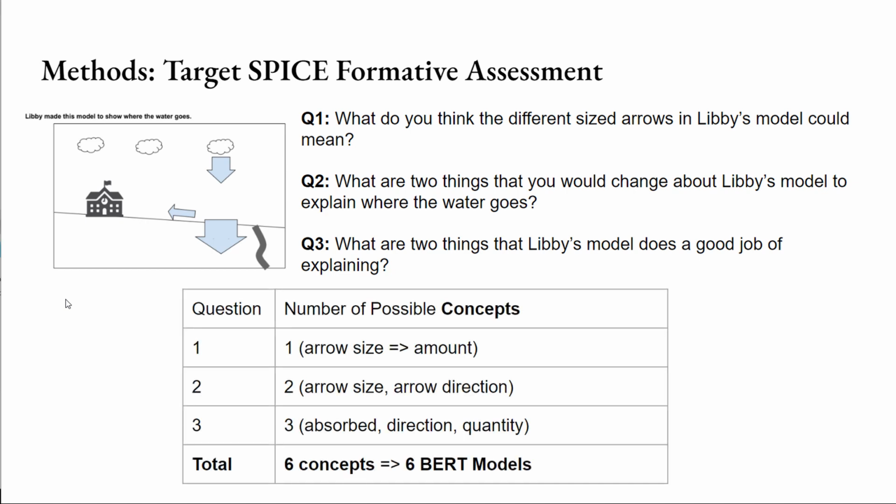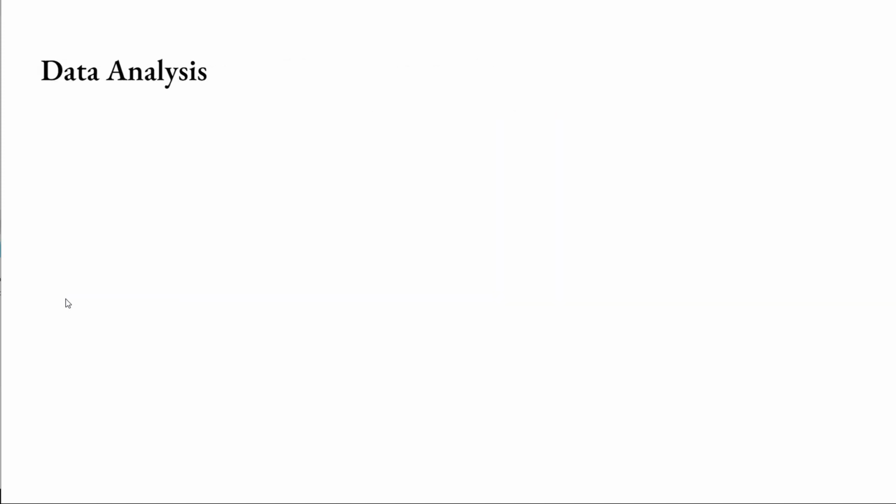Totaling up all of the concepts for all 3 questions gives us 6 possible concepts, which we can use to evaluate the student responses. Therefore, we need to train 6 different BERT models, one for each concept. We analyzed 95 student responses given for each of the 3 questions. 4 of the students did not participate in the task.